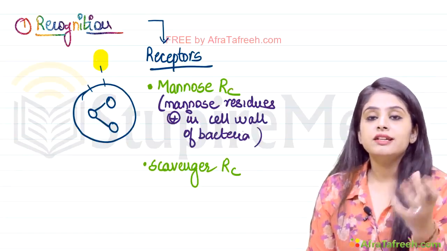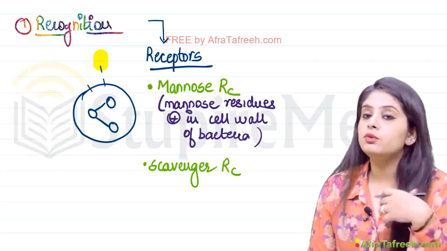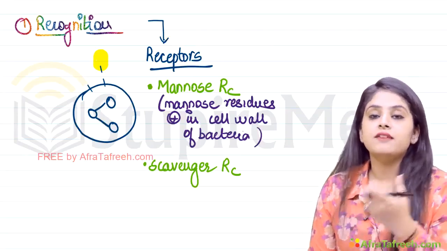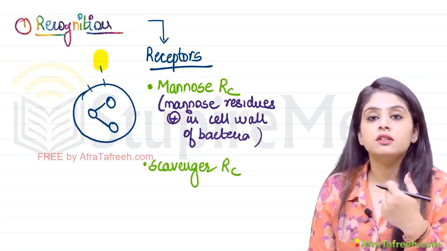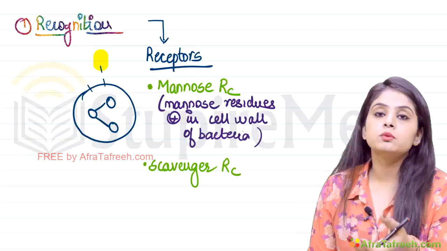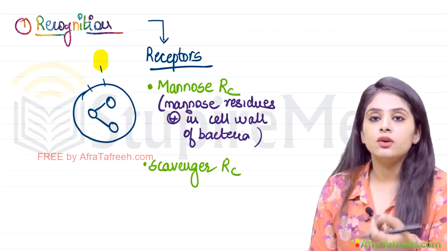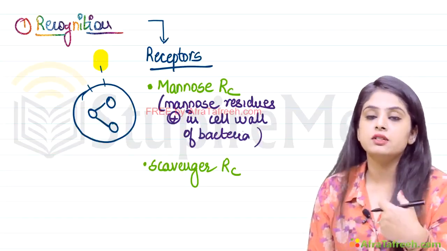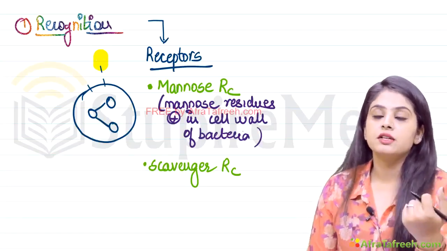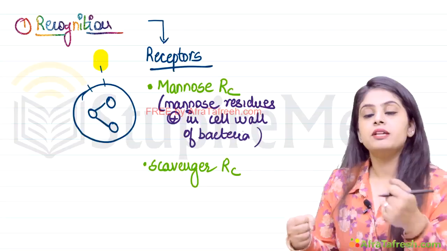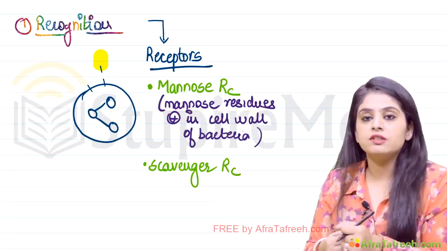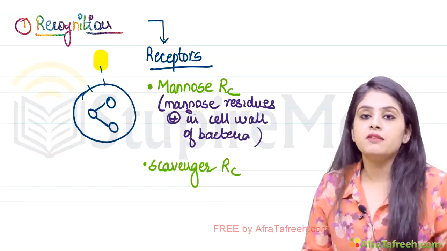So, the oxidized LDL in the body, which we do not want to deposit, is scavenged by these scavenger receptors. If they deposit, what will it result in? Correct, coronary artery disease. So we do not want that, they are going to scavenge it. Now there is a bacteria which will be recognized by the WBC because of mannose receptors and scavenger receptors. What was the next step after that?